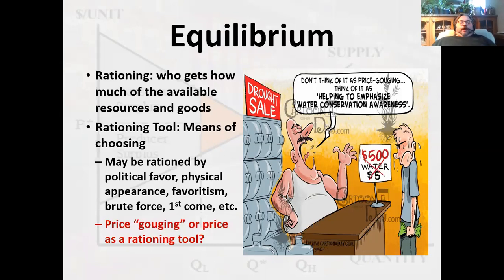But as you see in the red print there in the bottom of the page, where I've got price gouging highlighted in red, that means it's important. I want it understood that from an economist point of view, there is no such thing as price gouging. Price gouging is a term used for political or social purposes.